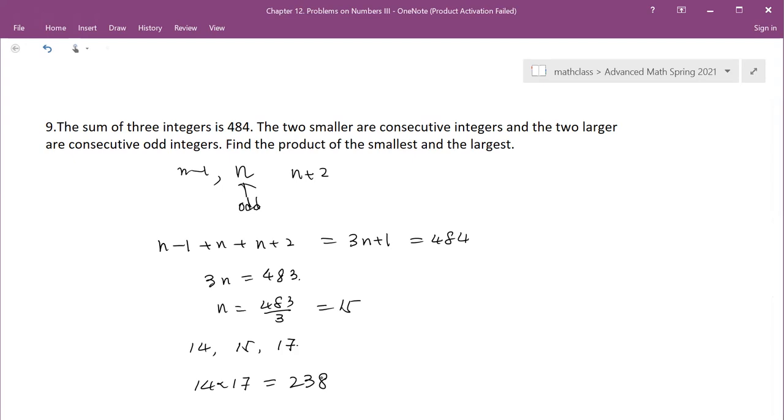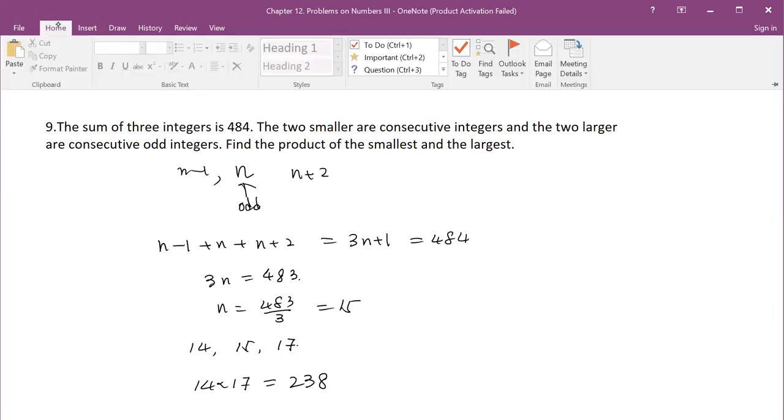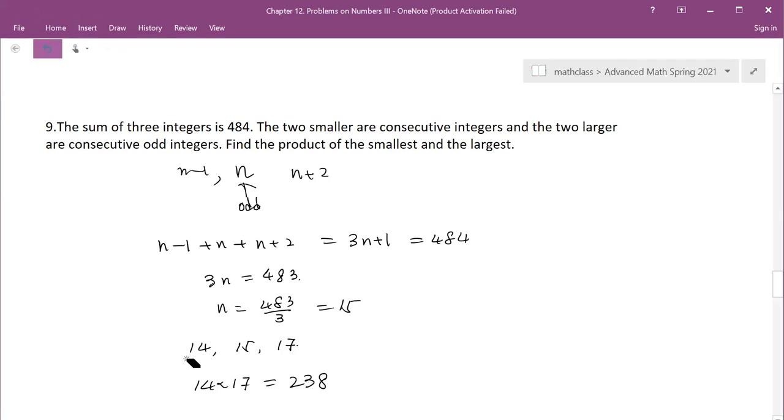Let me double check. 483 divided by 3, hold on. Yeah, I missed it, I did it too fast. Divide by 3 is going to be 161.